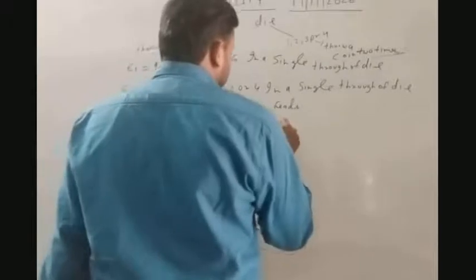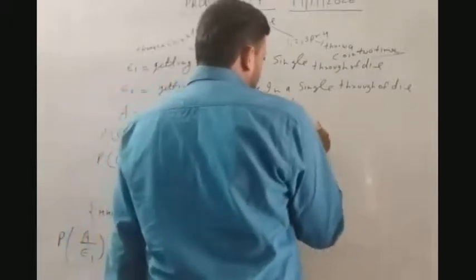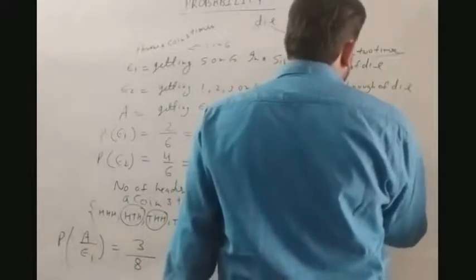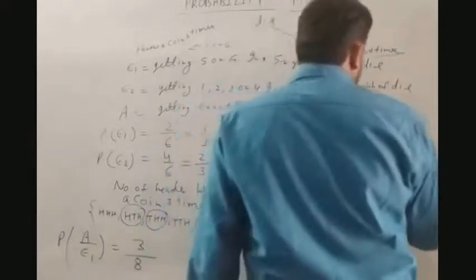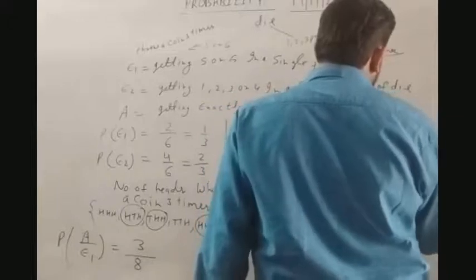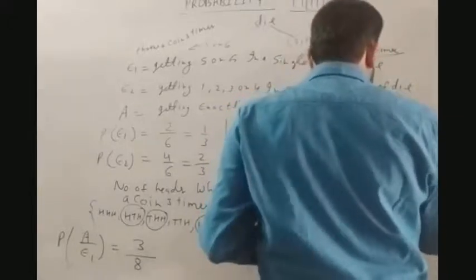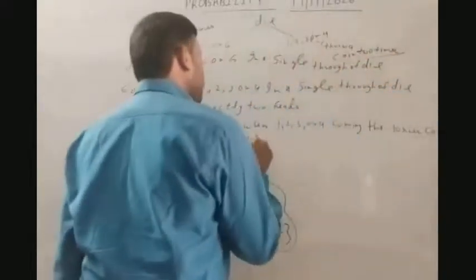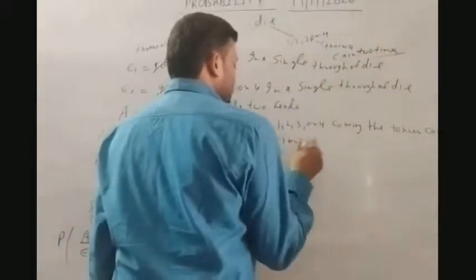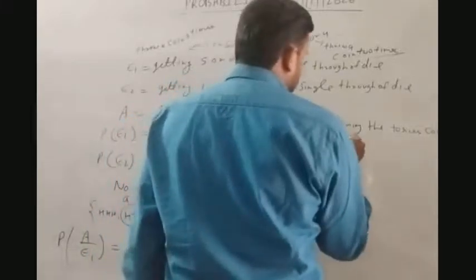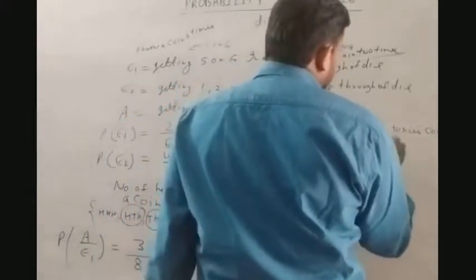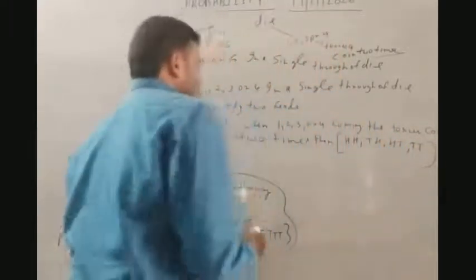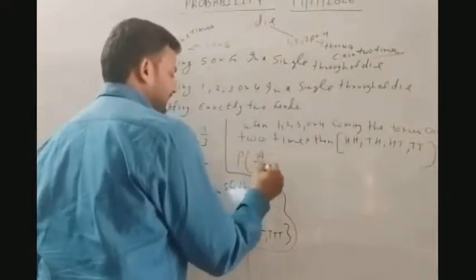When 1, 2, 3 or 4 comes, then she tosses a coin 2 times. Then the sample space is H, H; H, T; T, H; and T, T. So the probability of A by E2 is what?